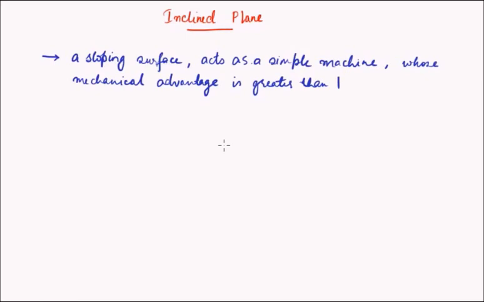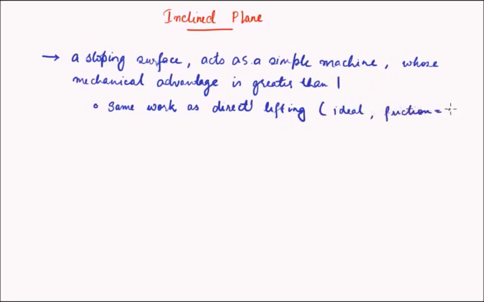The work required to move an object to a height h through an inclined plane is the same as the work required to lift an object to a height h. So that is an important point: same work as direct lifting, in the case of an ideal scenario. What is ideal? Friction is 0.